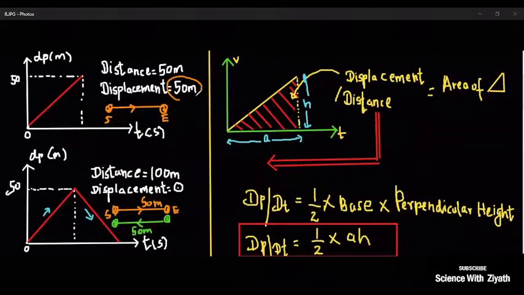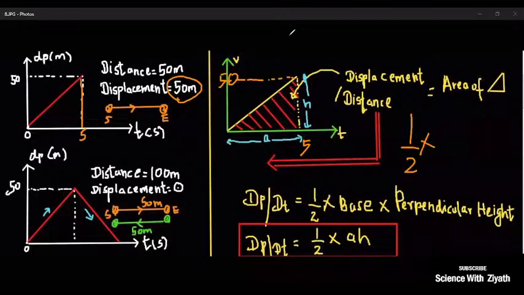Here, look at this one, displacement 50. The same picture. For example, if it's 5 seconds, and if I say half into 50 into 5, that's 250, 250 over 2, 125. For example. But here it is 50 and 5, here displacement 50 only.